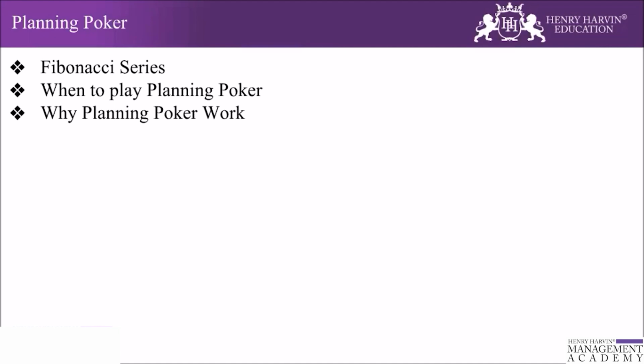So what we do at the start of the planning poker, each estimator is given a deck of cards, and we will see how the deck of cards looks. But before that, let's try to understand the Fibonacci series, so that when we use this technique, we understand what series we use.